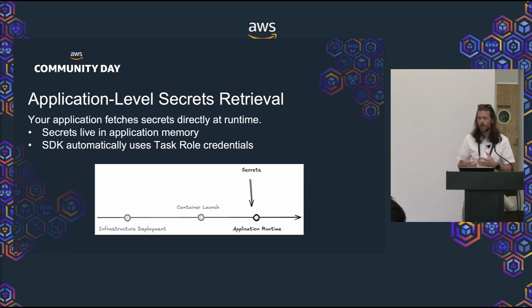The SDK running in this ECS task is going to use that task role that we talked about earlier. So in that task role, you define my application can read from this secret. And now the SDK, via what's called the credential provider chain, it knows how to find temporary credentials to read the secret that you want.